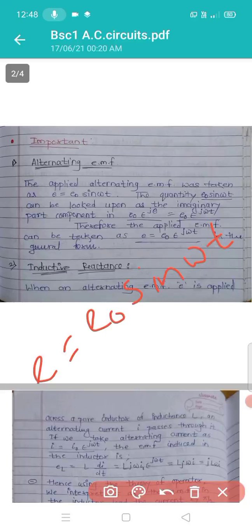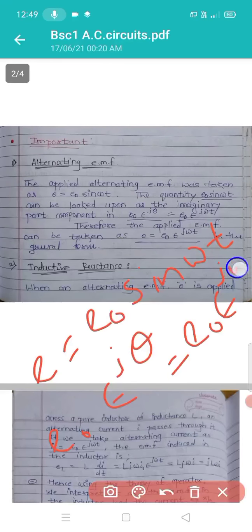The quantity E naught sin omega t can be looked upon as the imaginary part of the component E naught epsilon raised to j theta, that is equal to E naught epsilon raised to j omega t.